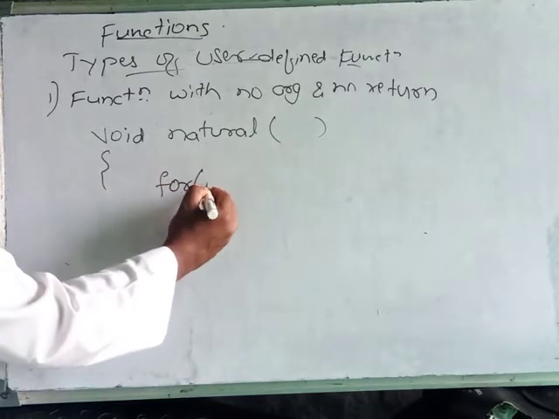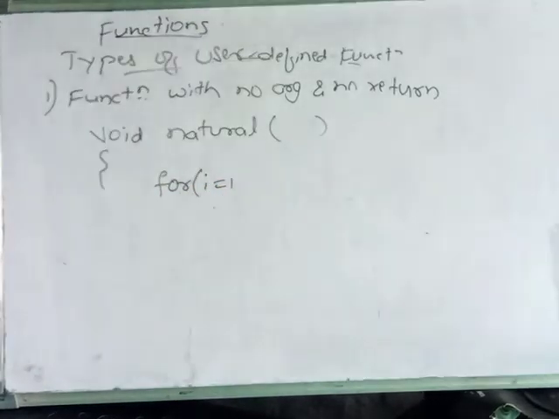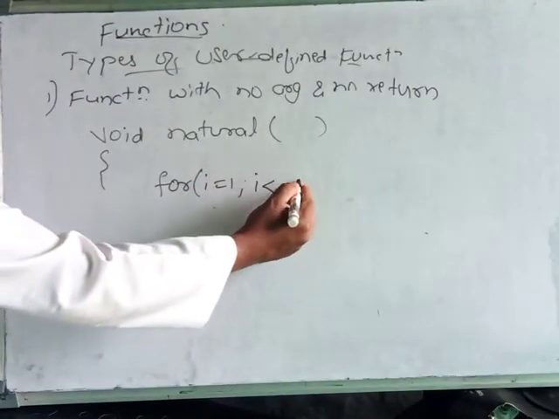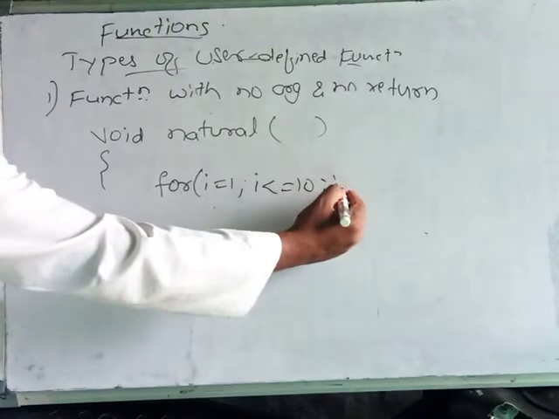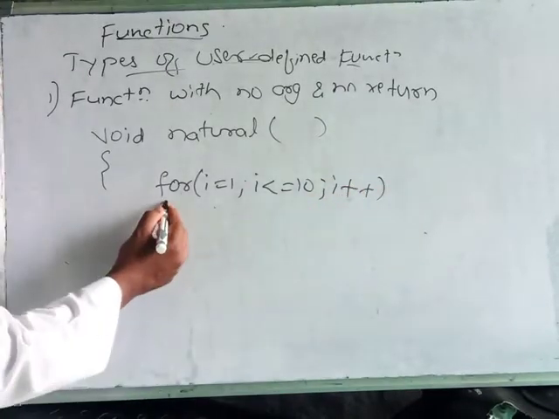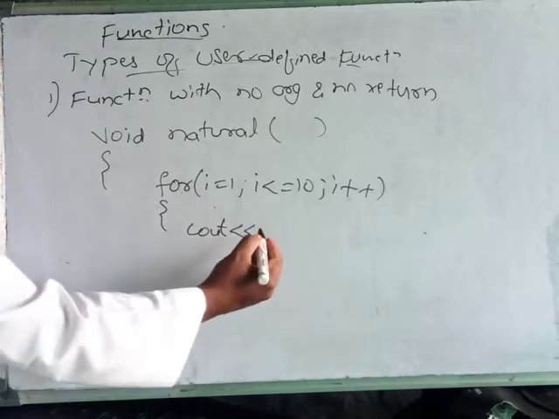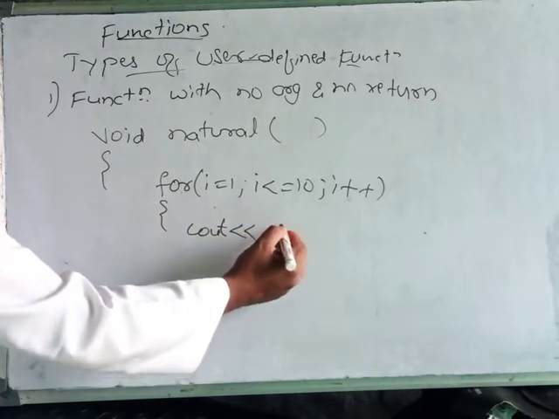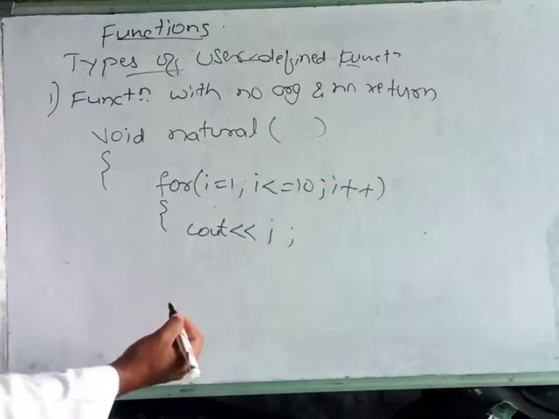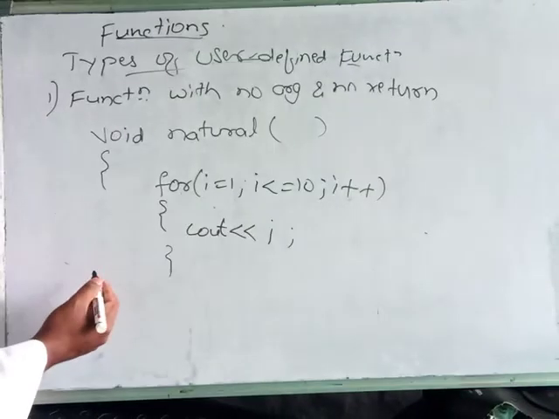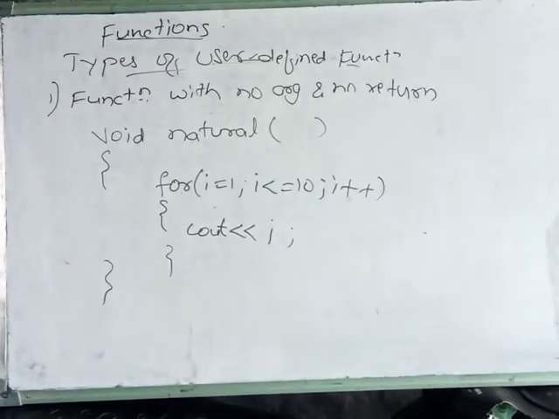We are using a for loop to display the values: i less than or equal to 10, i plus plus. Here, cout i. This is one function here.